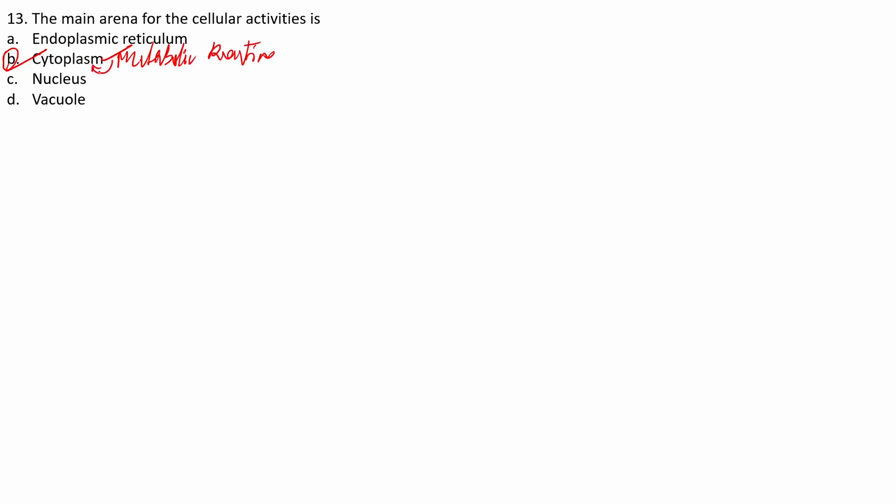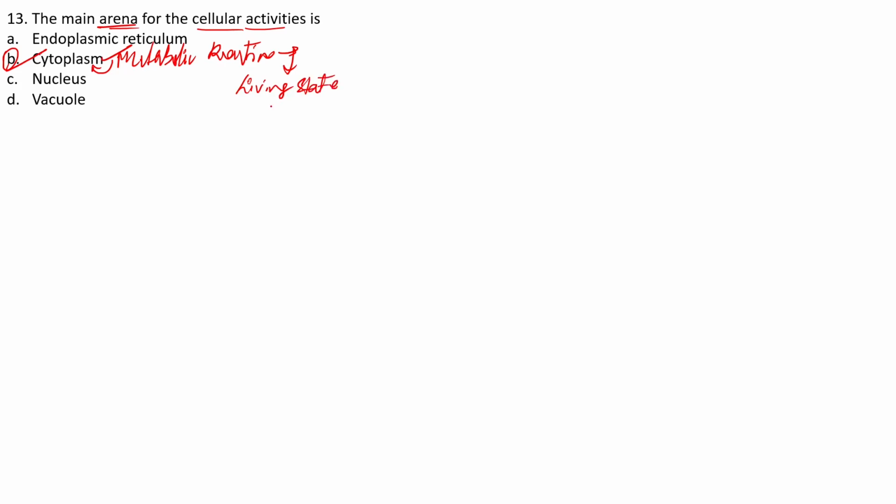In the cytoplasm only, right? Hence we call it the main ground or the arena where all these cellular activities take place. So we also say that it is the cytoplasm that keeps the cell in the living state.